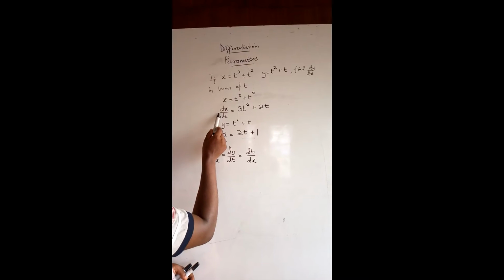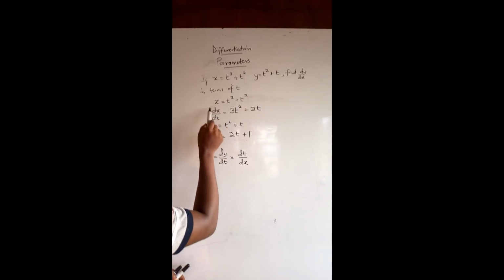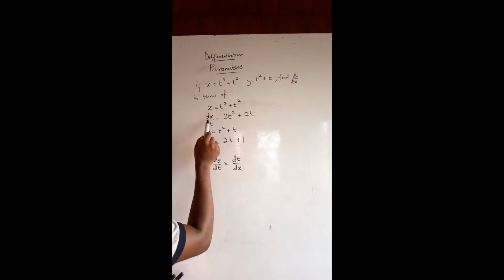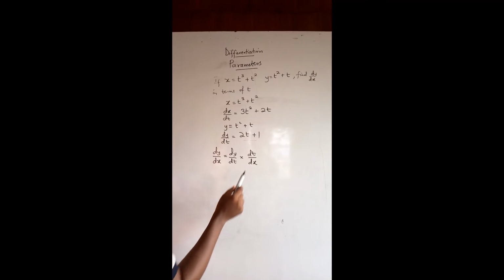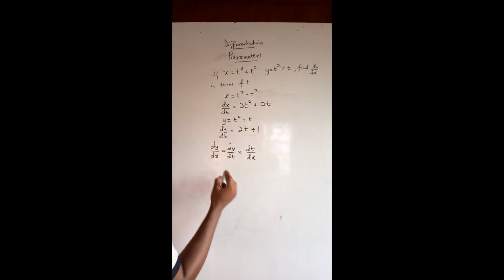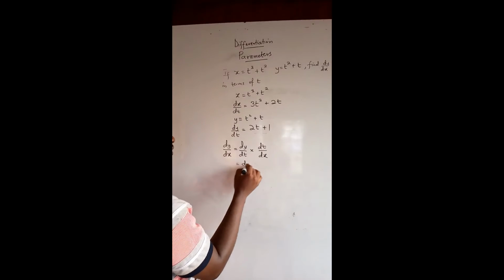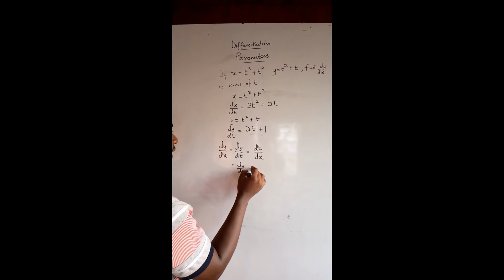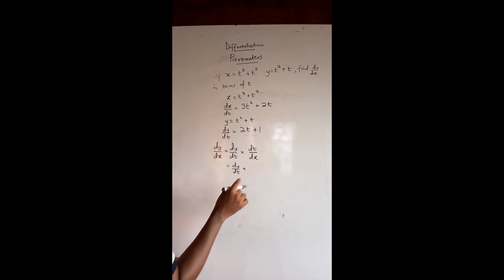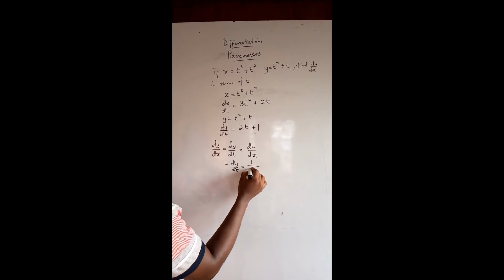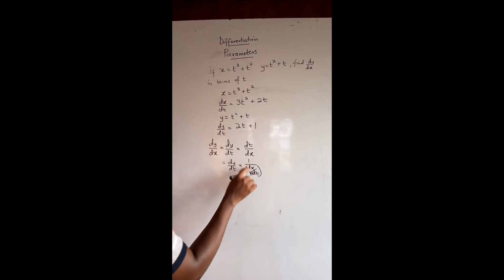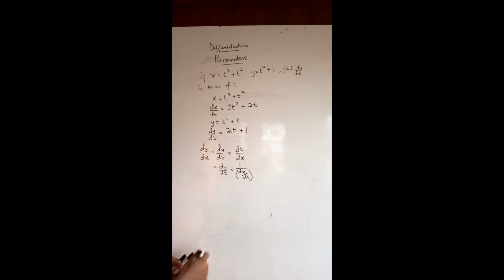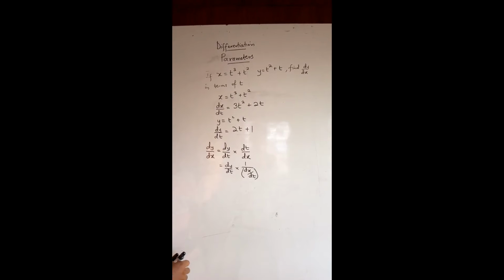So to put this into this, we need to put the inverse of this, because the inverse of dx dt is actually dt dx, and over here we need dt dx. So this gives us dy dt times 1 over dx dt, because 1 over dx dt will actually give us dt dx.